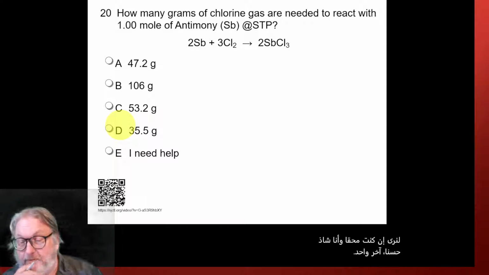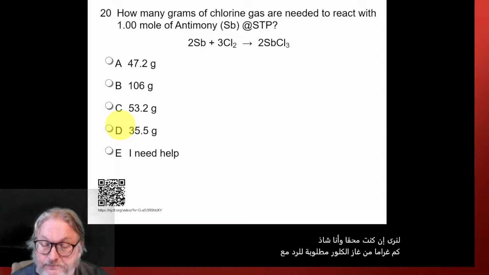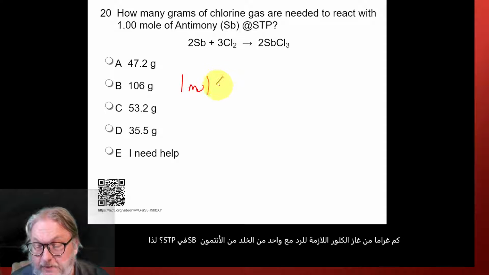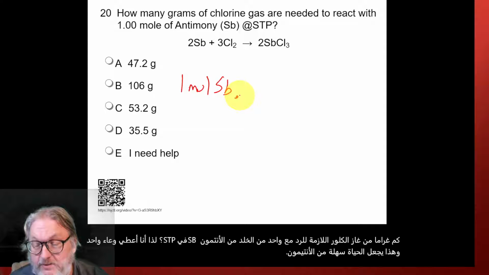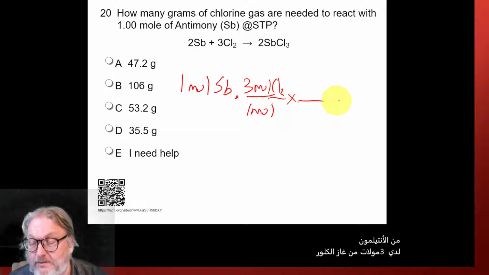How many grams of chlorine gas are needed to react with 1 mole of antimony, Sb, at STP? So I'm given 1 mole, and that makes life easy, of antimony. So for every 1 mole of antimony, okay, I've got 3 moles of chlorine gas, and it asks for grams. Cool.